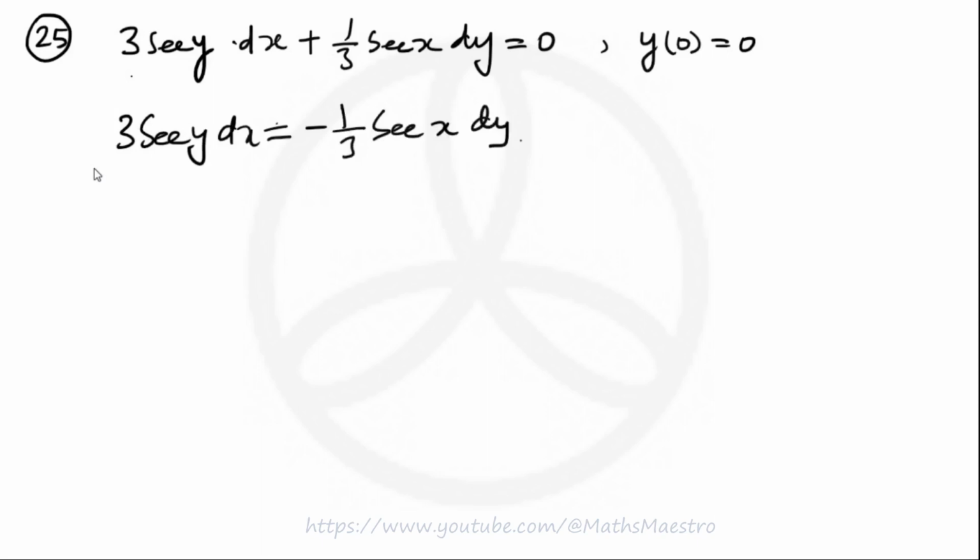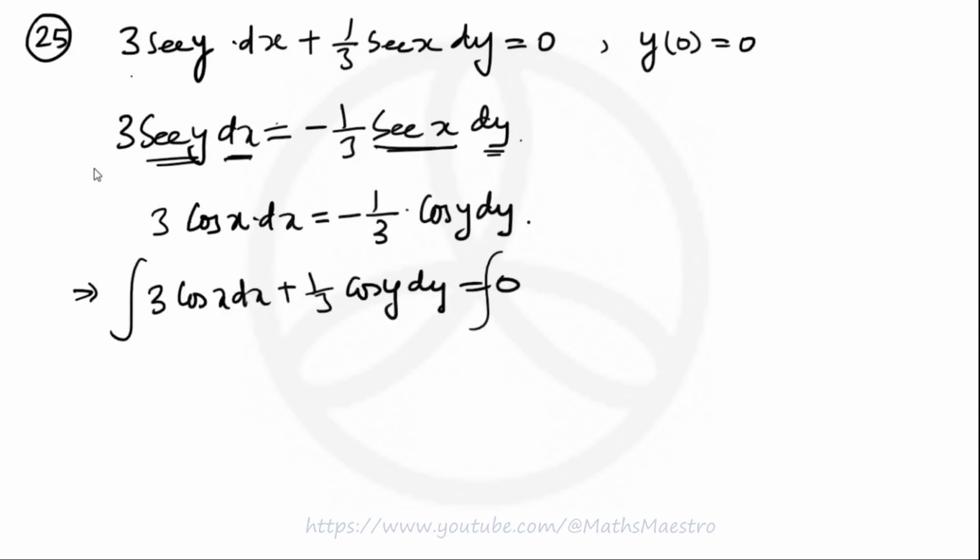So we have to take this secant of x with dx and secant of y with dy, and we will get cos x dx minus 1/3 cos of y dy, since 1 over secant becomes cosine.